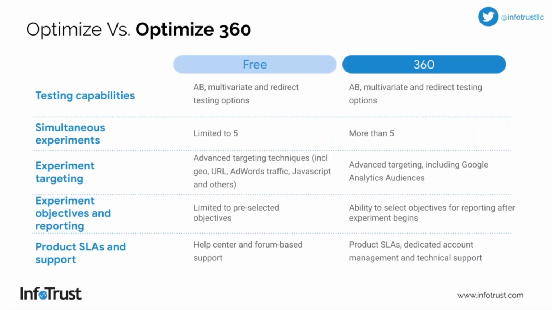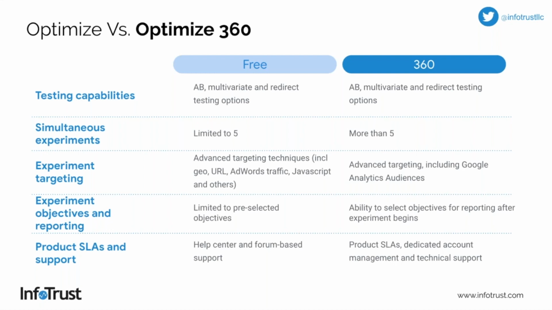So like I said, there's a free and a 360 version of Optimize. So there's a few differences there. In terms of testing capabilities, they both have the same capabilities where you can use A/B, multivariate, redirect testing options, as well as personalization. In terms of simultaneous experiments, with the free version, you are limited to running 5 experiments at a time.